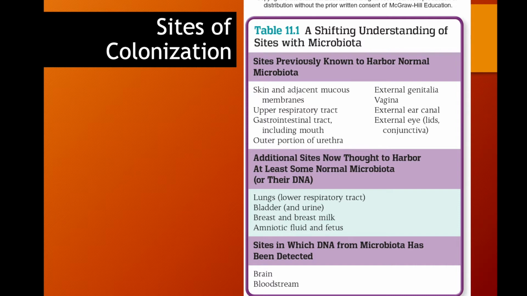Now, the other two sections are additional sites now thought to harbor at least some normal biota or their DNA, and then at the bottom, sites in which DNA for microbiota has been detected. These two are a little bit more questionable as to whether there is an actual resident flora in these areas. In fact, the current research to date still is not quite sure if we can identify, for example, a breast milk microbiota, right?